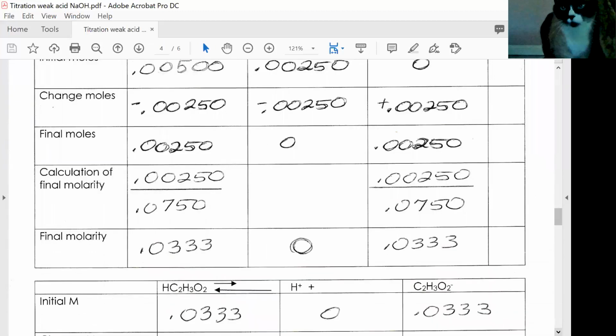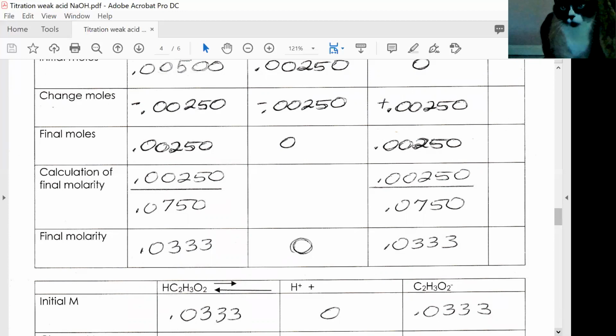So now do your calculation of your final molarity. Remember, the volume was additive. So for the acetic acid, it's 0.00250 moles over 0.0750 liters. For acetate, it's 0.00250 moles over 0.0750 liters.